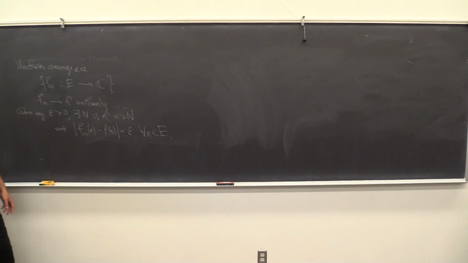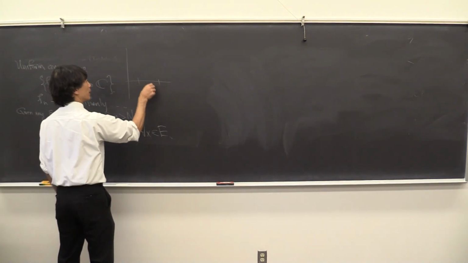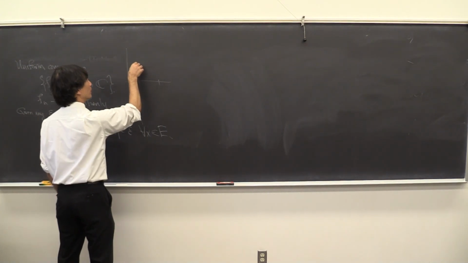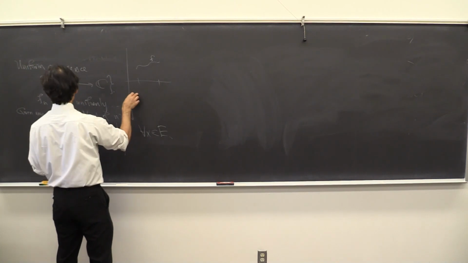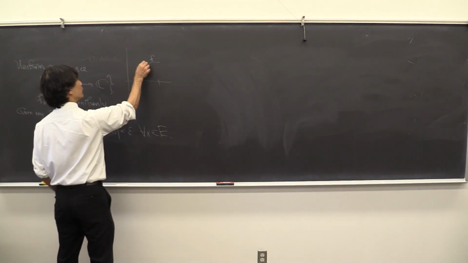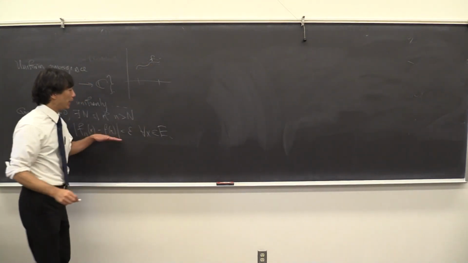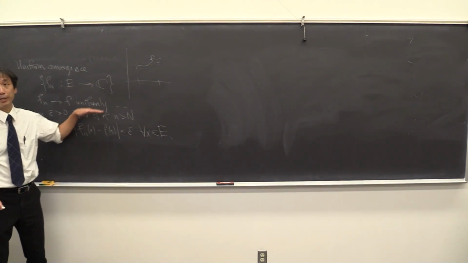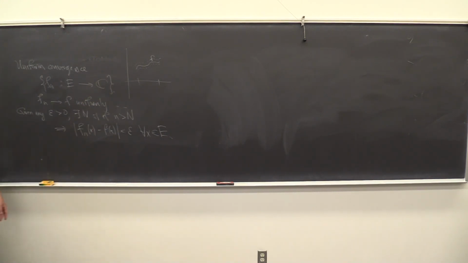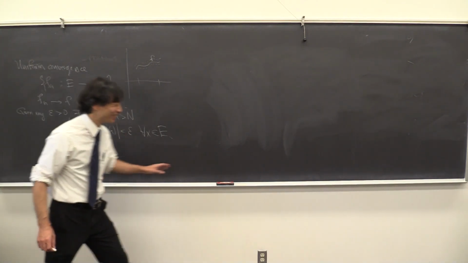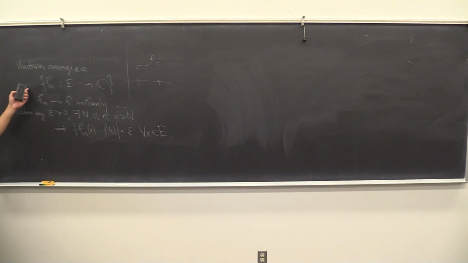You may have seen something like this, I'm drawing this in R. Here's your f. What it means is that, given some epsilon tube, there's an n beyond which all the graphs lie in that epsilon tube. A lot of people I don't recognize today, but okay. So that's uniform convergence.